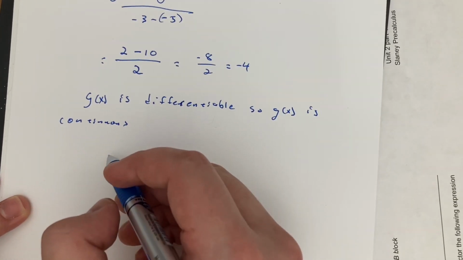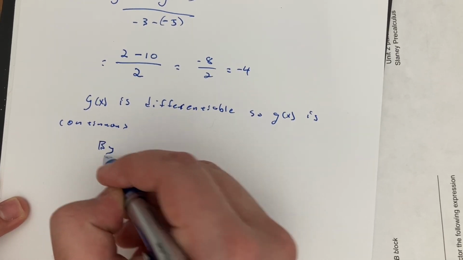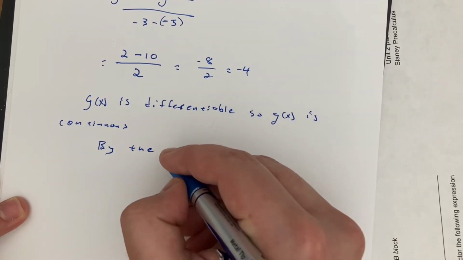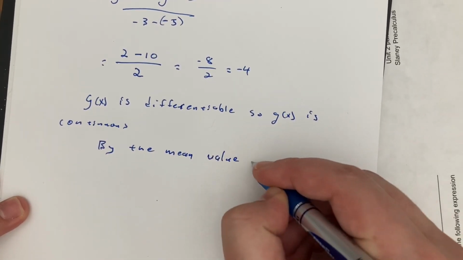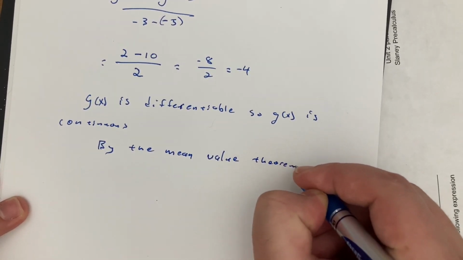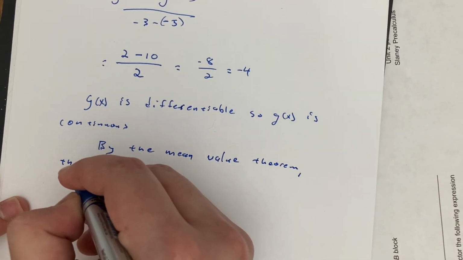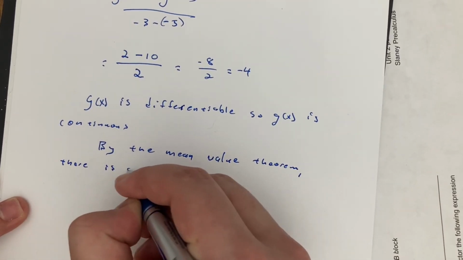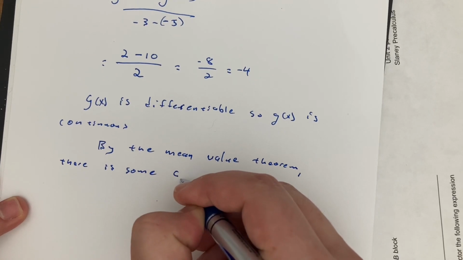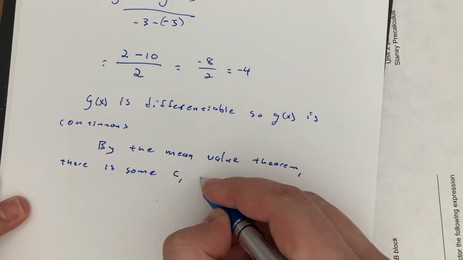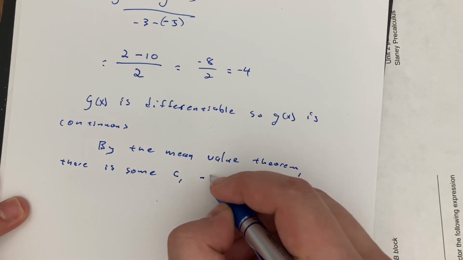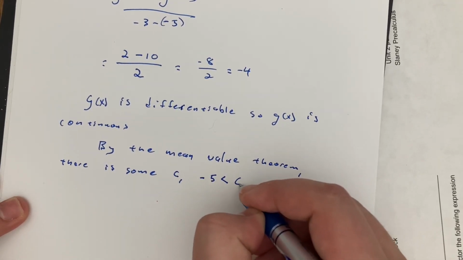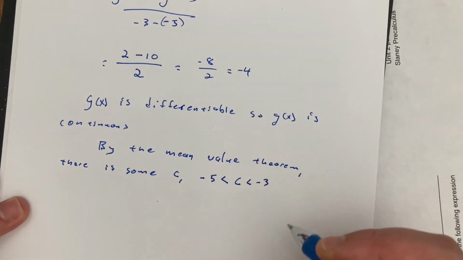And now, by the mean value theorem, there is some c, and negative 5 is less than c, which is less than negative 3.